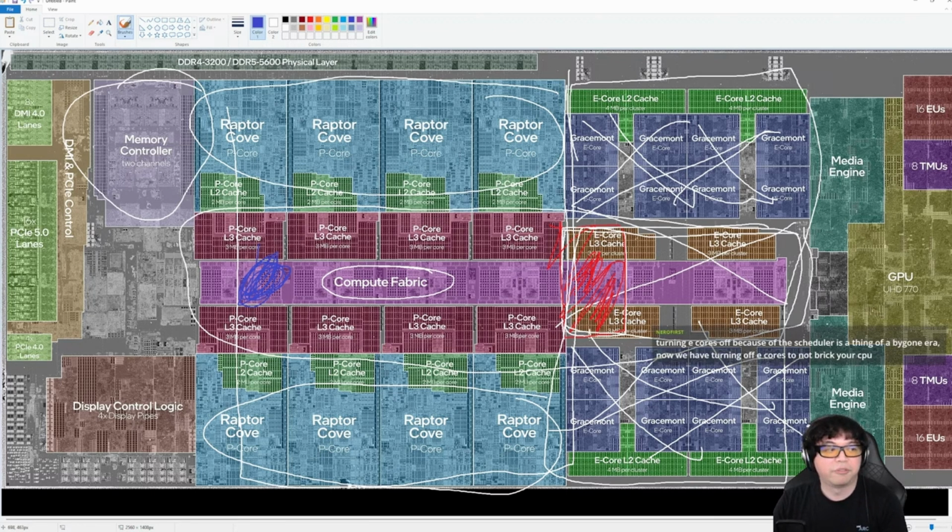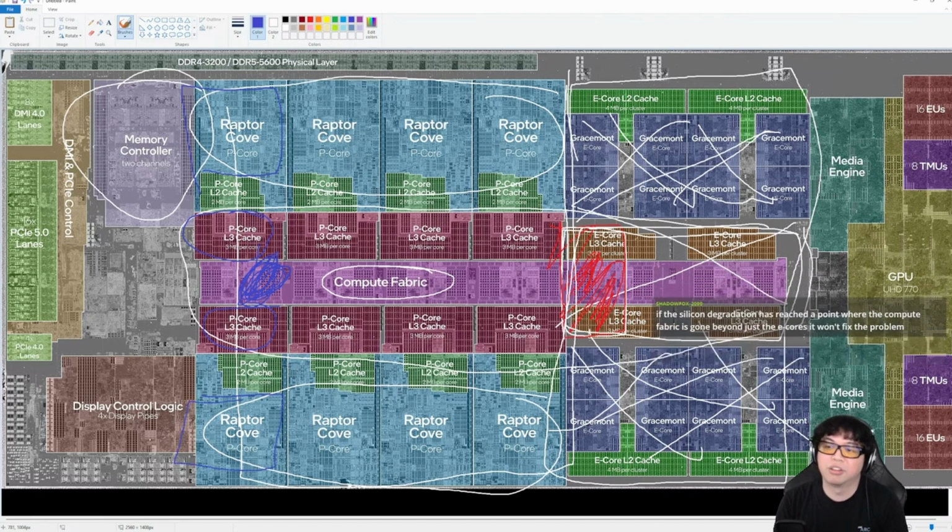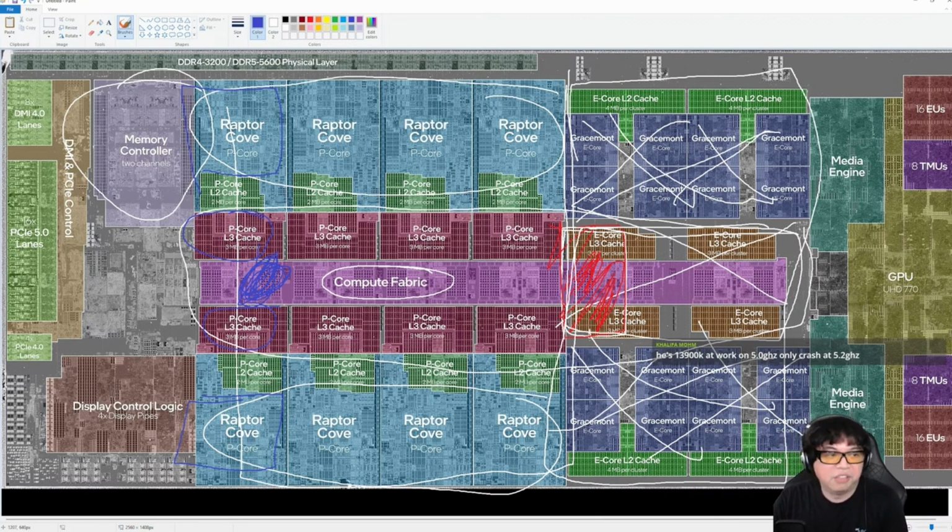For example, if this cache section and this cache section are affected by the ring bus, and this is core 0, 1, 2, 3, and this is 4, if I downclock core 0 and core 4 and all of a sudden it's stable, then I've found where the problem potentially could be. So that's my hypothesis on the source of the problem.